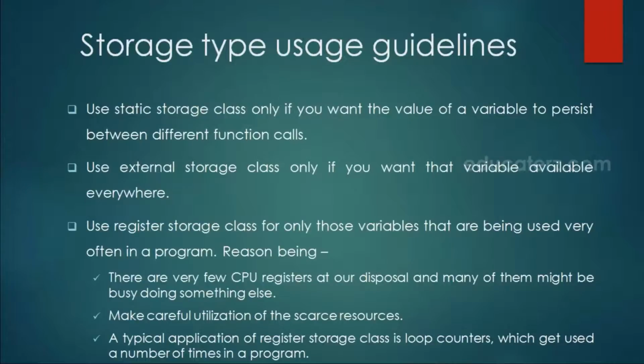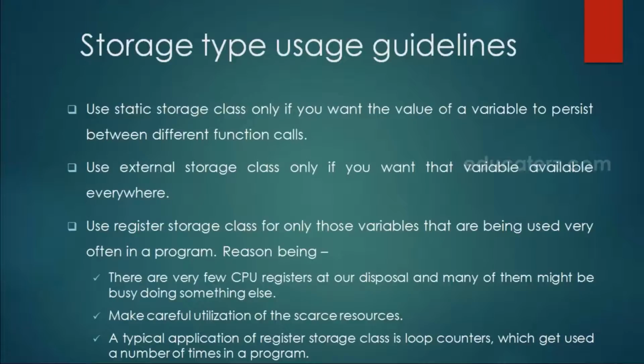In static the initial value is 0. The only difference is its value will persist between different function calls. And external storage class should be used only if we want the variable to be available everywhere, because it will have global scope. So with external storage class there can be a disadvantage of misuse also, as it is available everywhere.